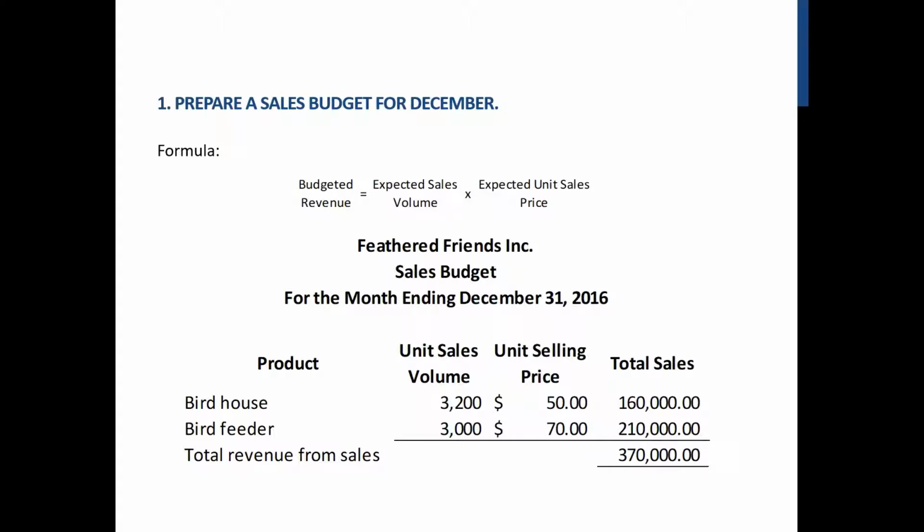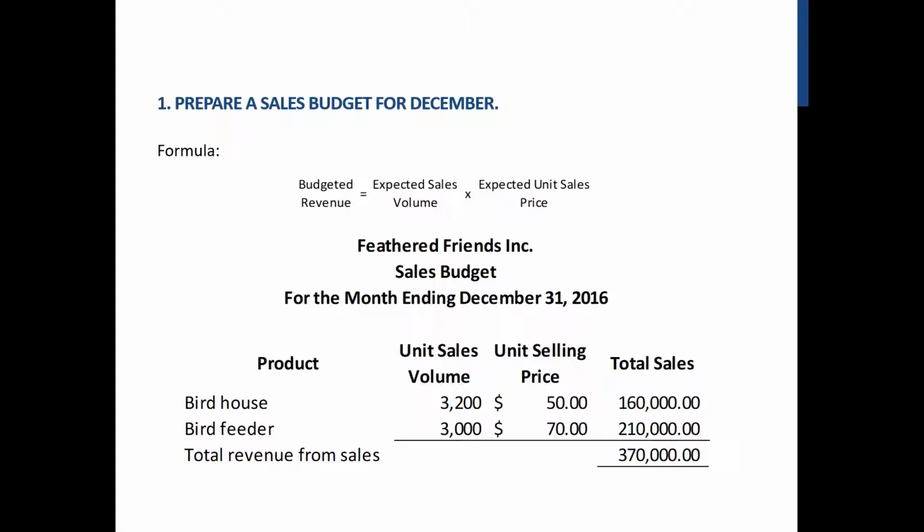So using the formula above, for the birdhouse, it has a unit sales volume of 3,200. We'll multiply it by the unit selling price of $50. So the total sales for the birdhouse would be 160,000. For the bird feeder, its unit sales volume is 3,000.